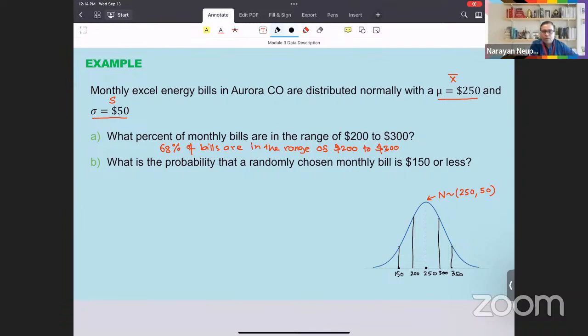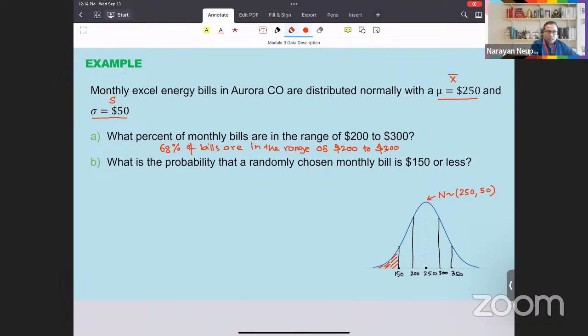Okay, so now the question here is, what is the probability that a randomly chosen monthly bill is 150 or less? This is 150. We want the bill amount or percentage that is less than 150. That means basically we want that much. How much is there? We need to find.